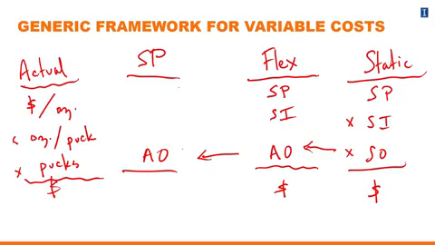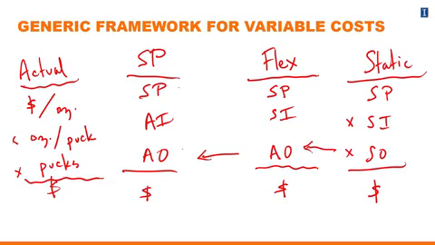So let's change that component as we move from column 3 to column 2, and leave everything else the same so that we can isolate this individual component. When we multiply the standard price, multiplied by the actual input per output, multiplied by the actual output, we get a total dollar number there again.